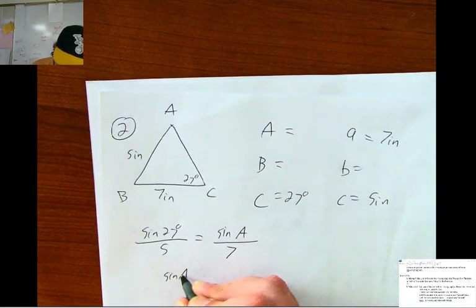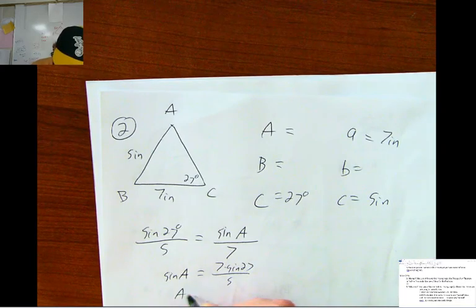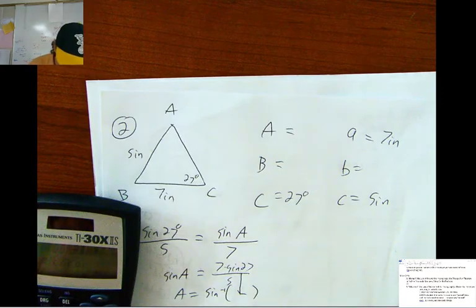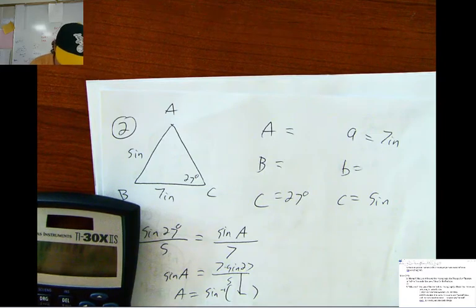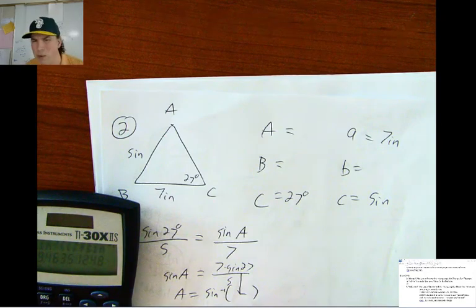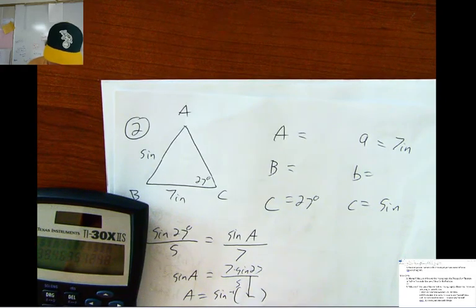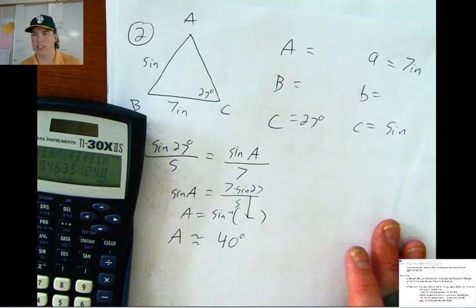This gives me sine of A equals 7 times sine 27 over 5, which becomes sine inverse of all this stuff, which means A is approximately, sine inverse of 7 times sine 27 divided by 5, and it gave me 39.4635. Just for presentation purposes, let's just say it gave us 40 degrees. Just an approximation.